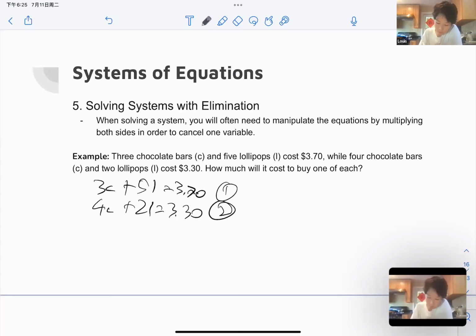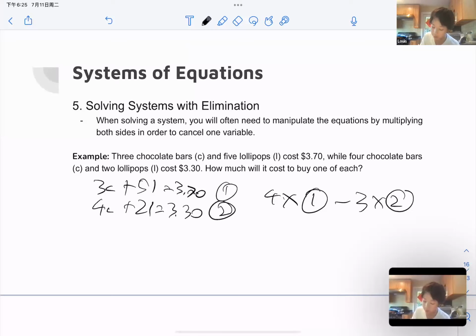this would be 4 times equation number 1, and then we minus this with 3 times equation number 2.